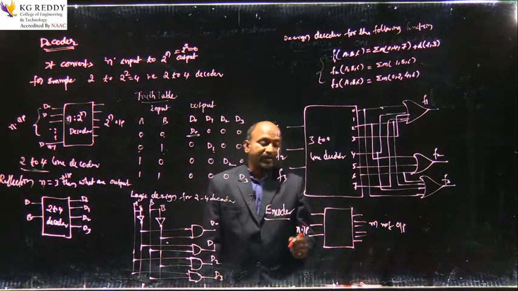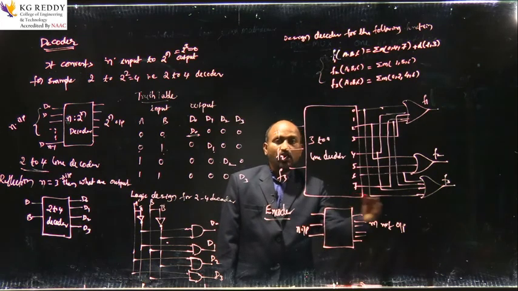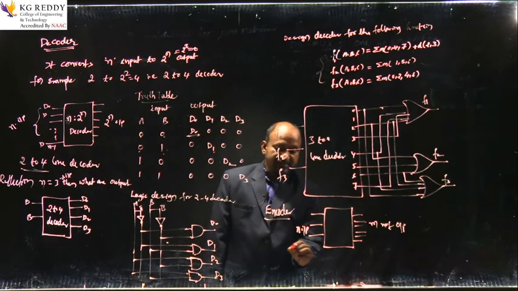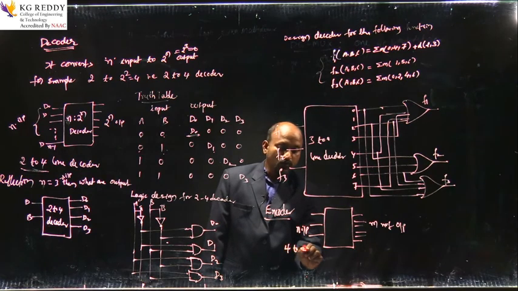For example, 8 inputs and 3 outputs. Like a 2 to 4 decoder, you can have a 4 to 2 encoder.